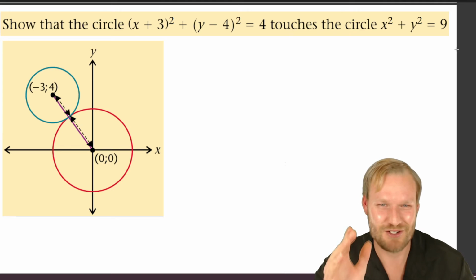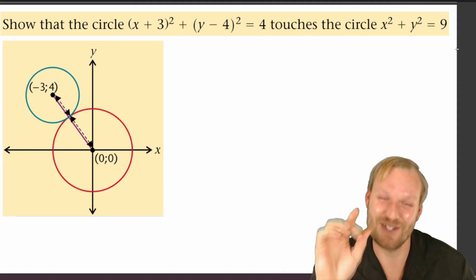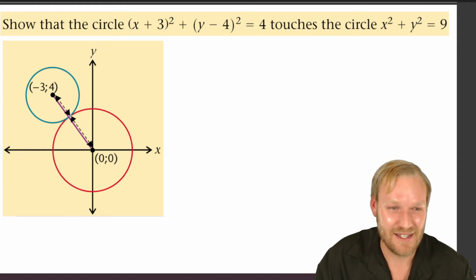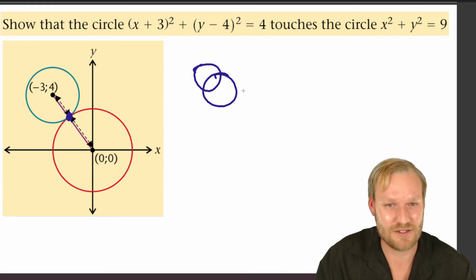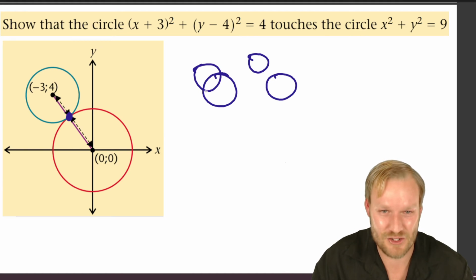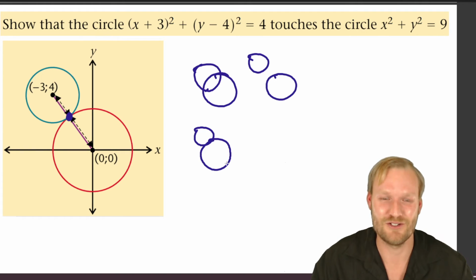It means it just touches it once. So what we need to somehow show is that there's only one point over here. We don't have a scenario like this, and we don't have a scenario like that. It's not going to touch twice, and it's not going to miss. It's going to form a nice snowman and touch just once there.